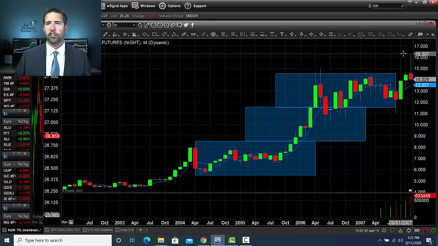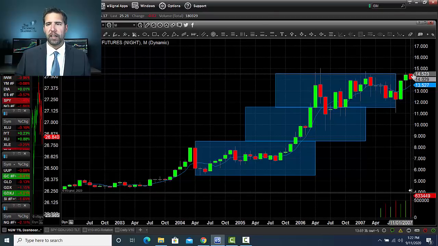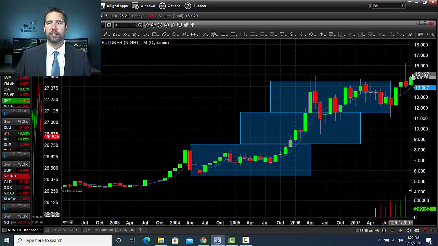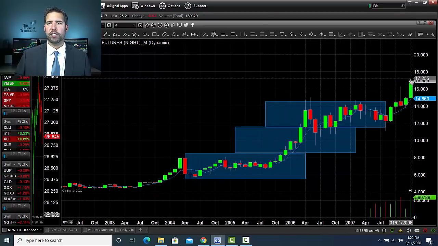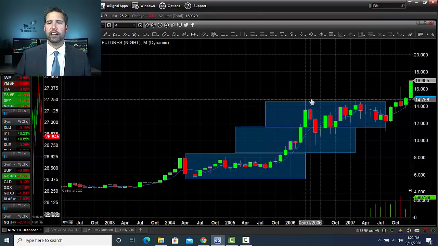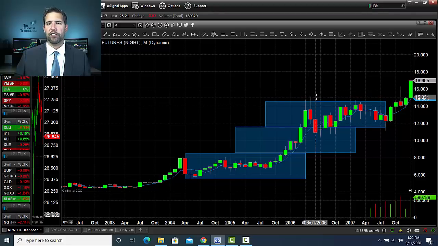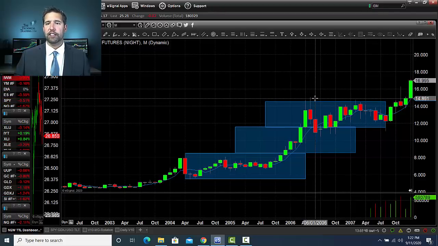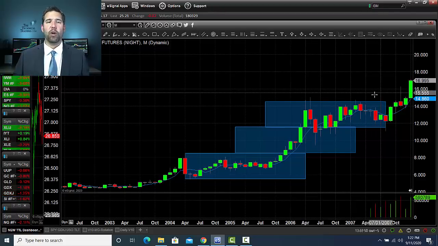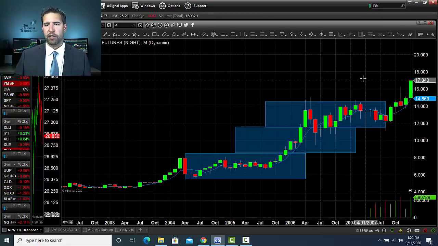We actually had a false breakout here. You can see this long upper wick and then it sold back down. But now it's threatening to break out. The next bar, we start to break out. The next bar, we clearly break above this previous high. So now we're actually having a close above this high. And so now the question again is, okay, where is the upside target from here?